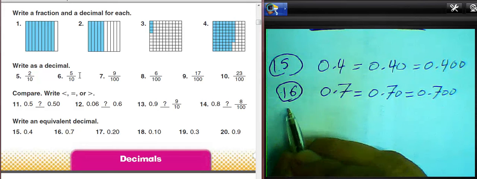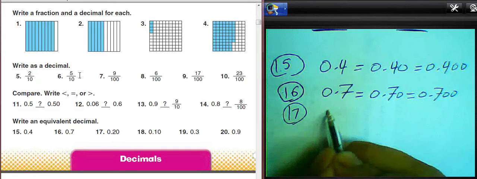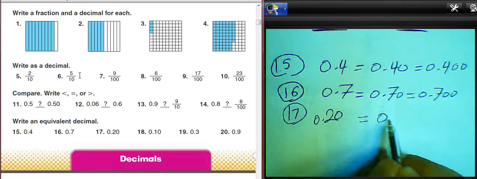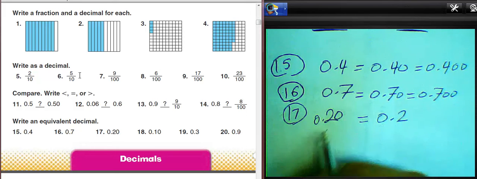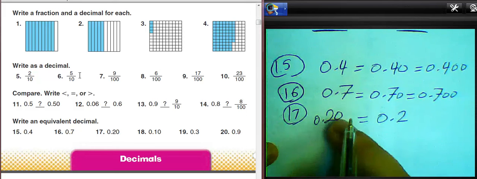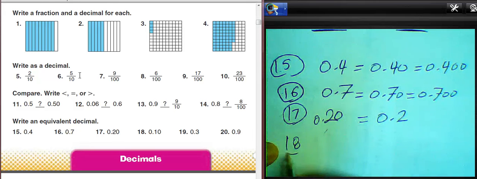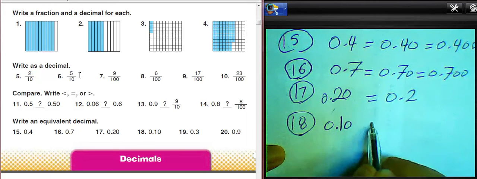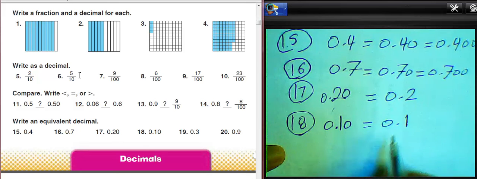Question 17. 20 hundredths equals 2 tenths. We can cancel the 0. Okay, cancel 0 here. Question 18. 0.1 and 0 equals 0.10.